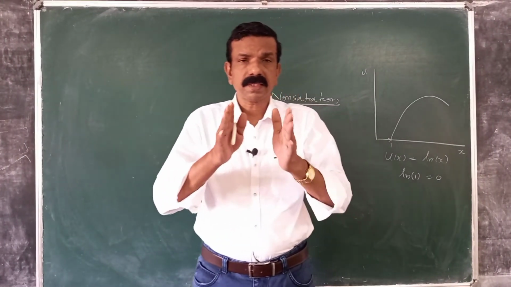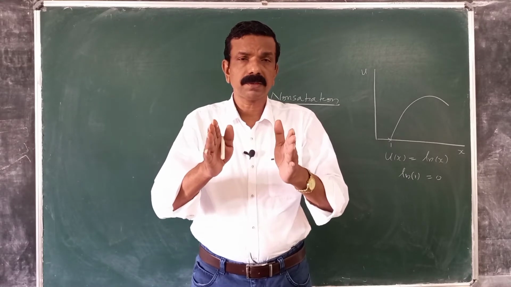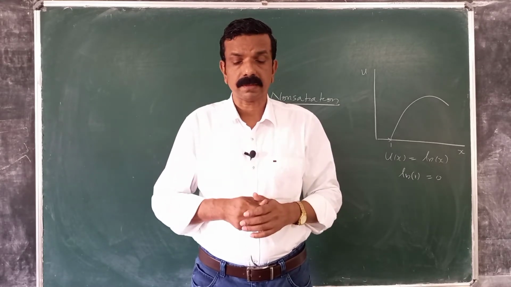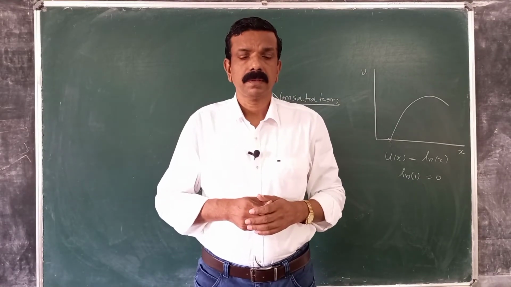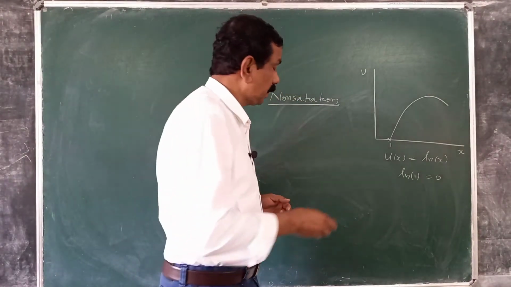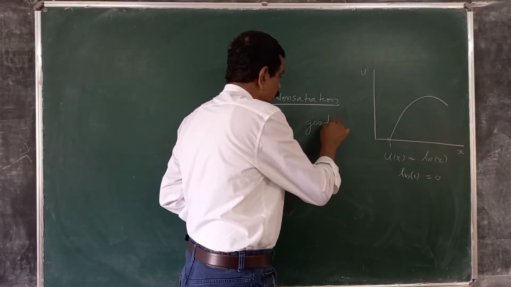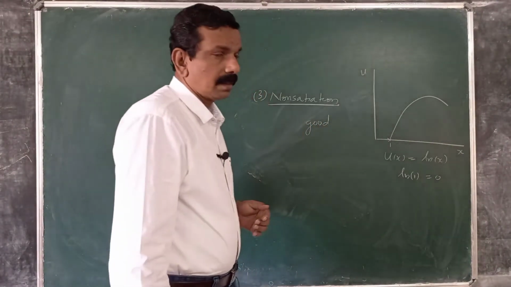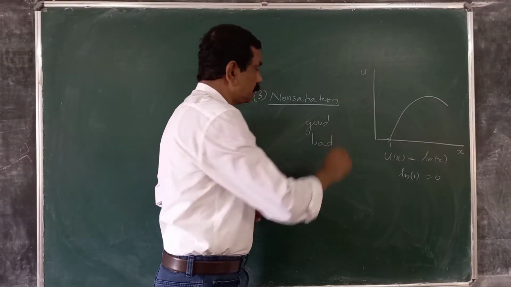If U(x) is equal to ln x, then as x increases, U increases, but at a diminishing rate. The axiom states that a consumer can always do a little bit better by consuming more of the commodity. Stated differently, a commodity is considered as good or desirable as against bad or undesirable.